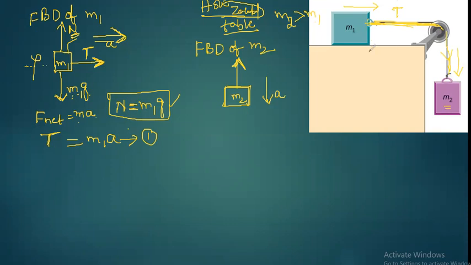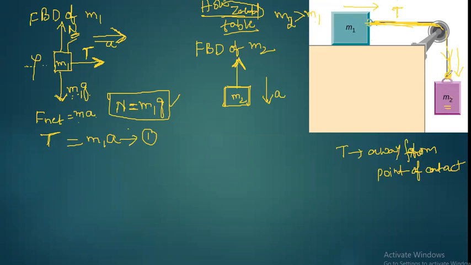Tension is always, what is the main thing I said? Tension is away from the point of contact. This is the point of contact. Contact means the thread is attached to the block, so these two are in contact at this point.